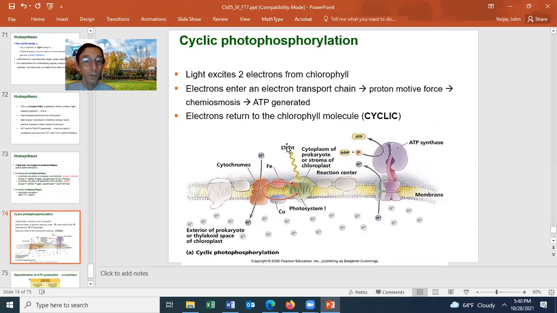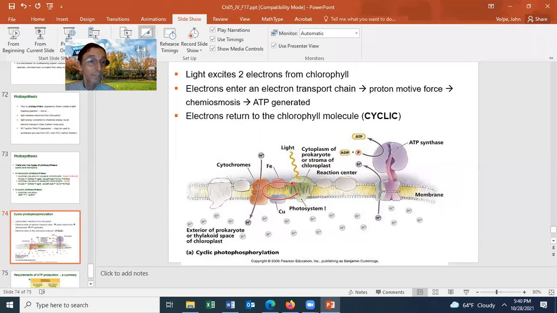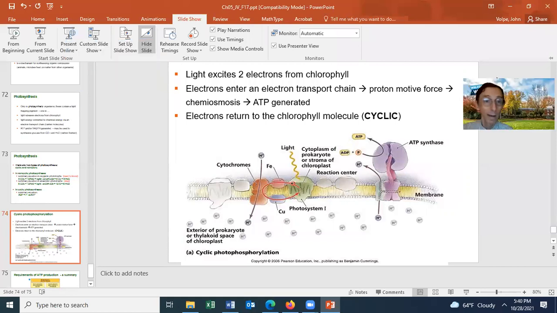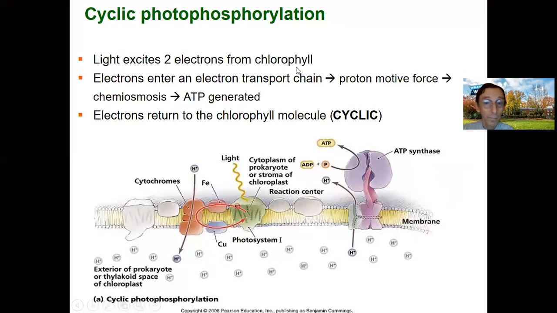Let's talk a little bit more about cyclic photosynthesis. It starts from light hitting the photocenter, which is where the chlorophyll is, and 2 electrons come from the chlorophyll.